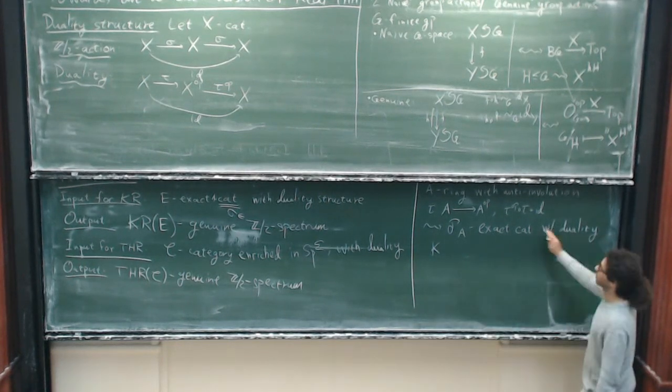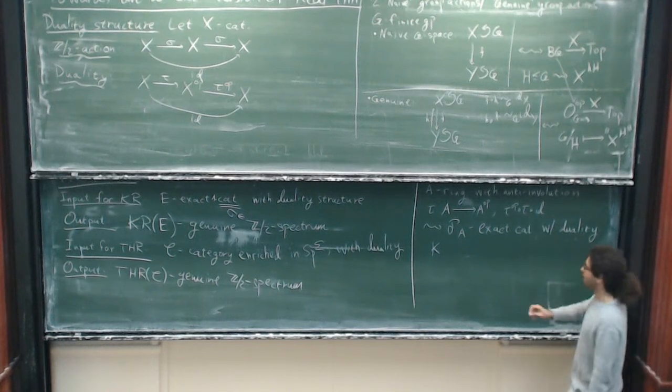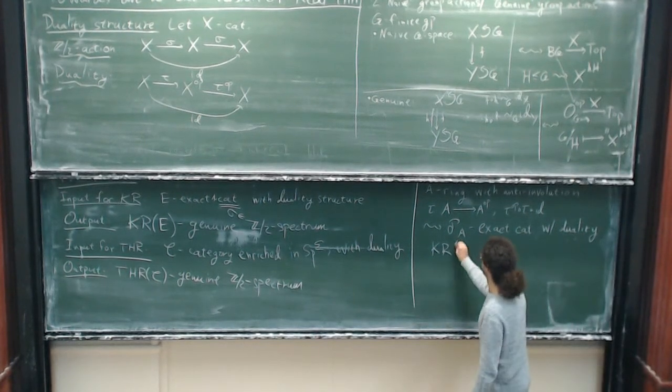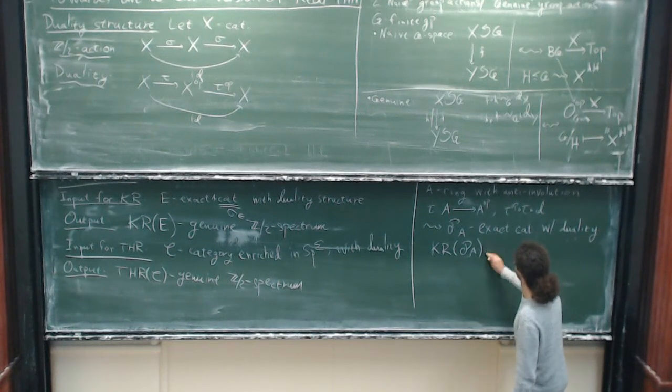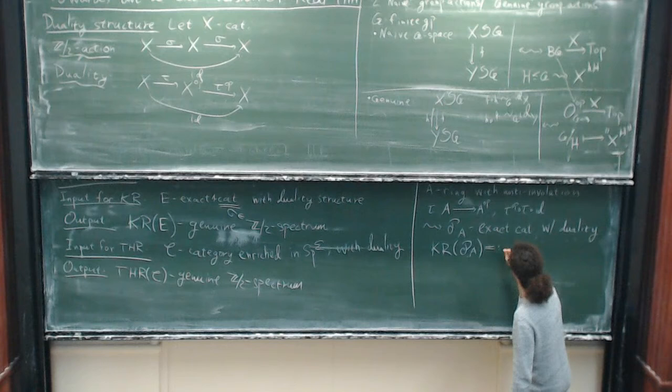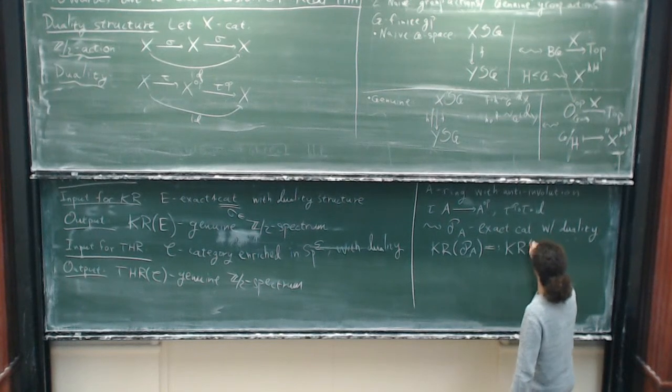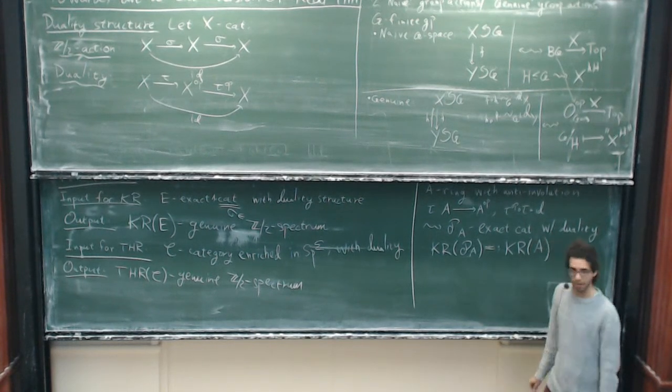The duality comes from this anti-involution, and we can take its real algebraic K-theory, and this is what we call the real algebraic K-theory of the ring with involution A.